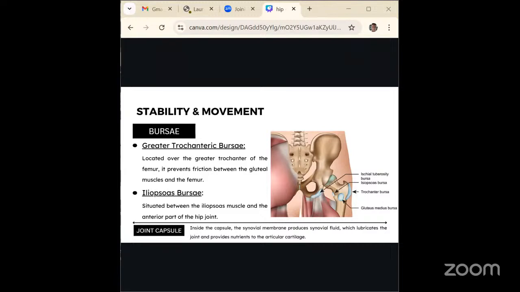I'm seeing Amara Mira. I'm seeing Chidozie Calvina. I'm seeing Favor. What's a bursa? Anybody? Obi John Bosco. That's a very interesting name. What is a bursa?